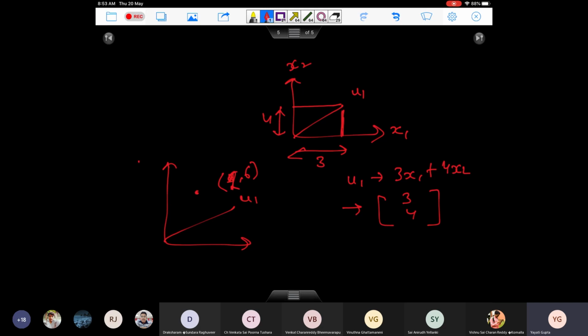How do I project this point 2, 6 onto this axis u1? How do you compute it? Essentially, if you project this 2-dimensional point on this axis u1, you will end up with just one entity, right?